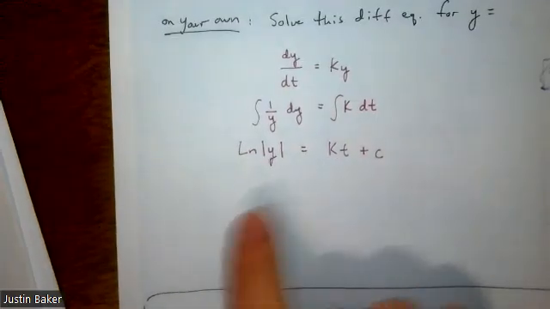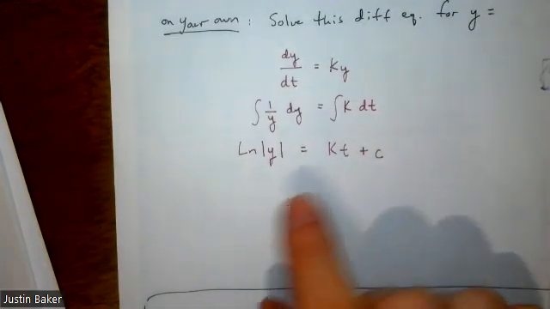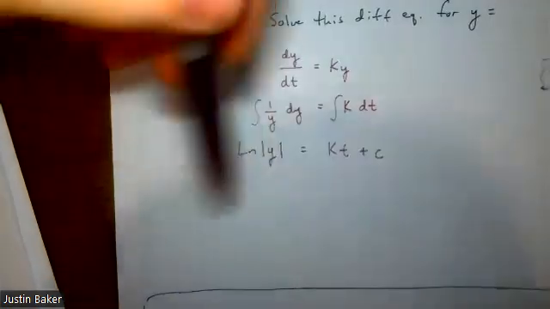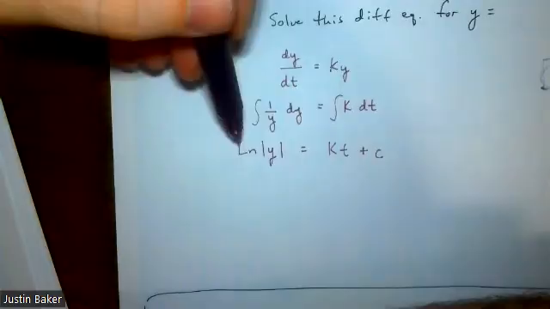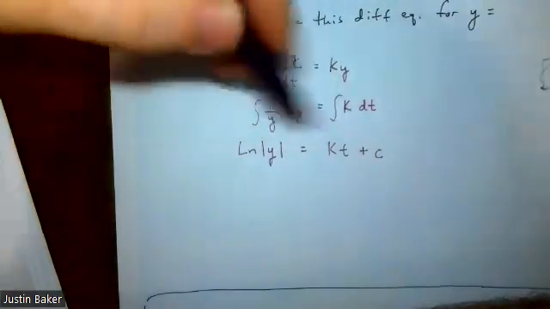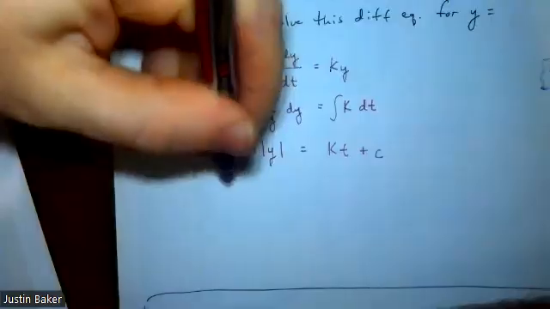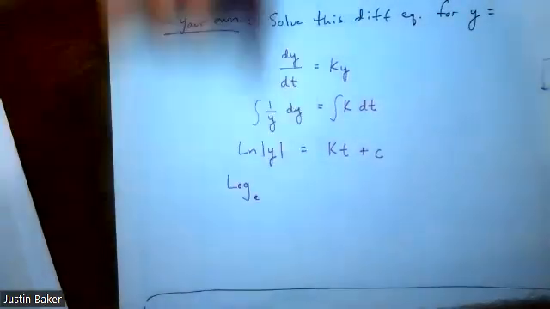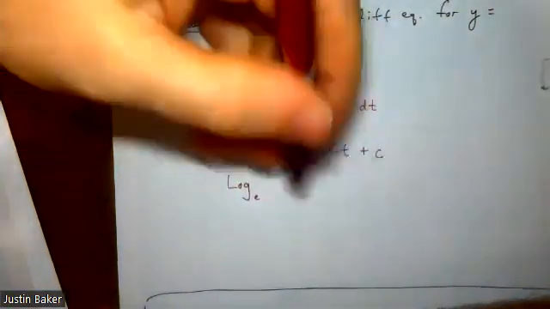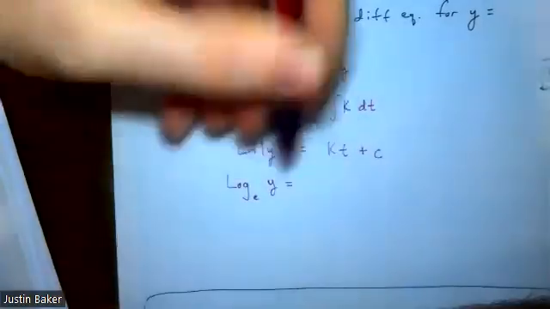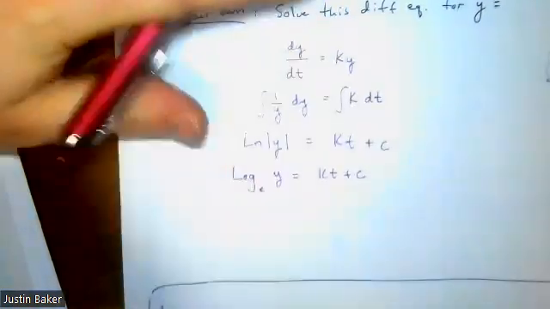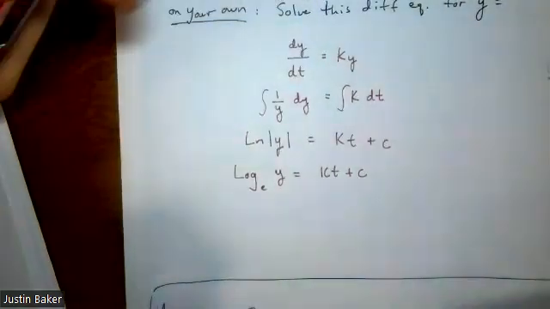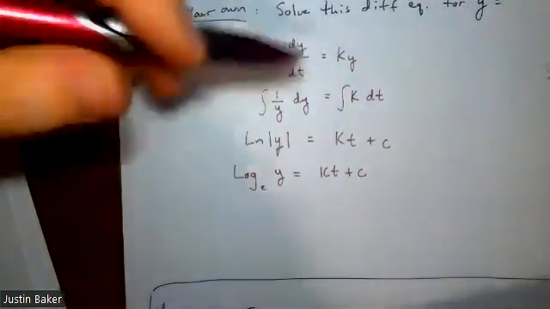And then from here, we got to do some logarithm manipulation. This is where there's usually some questions. So we need to know that natural log is the same thing as a logarithm in base e. So we're going to call this log base e of y is equal to kt plus c. And from there, what do we know about logarithms?